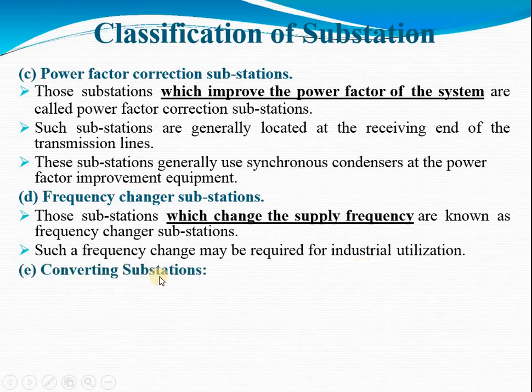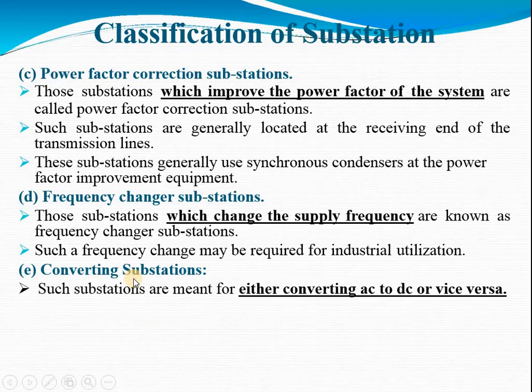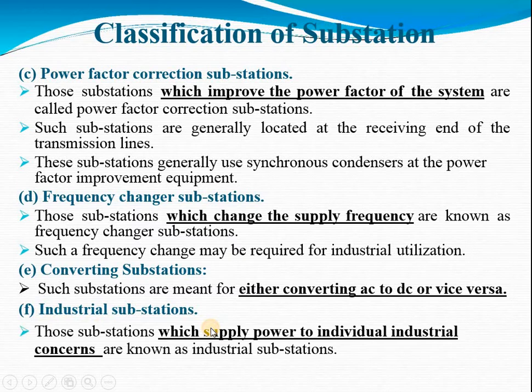The next subtype is the converting substation. We know that sometimes we require DC, so these play an important role. Such substations are meant for either converting AC to DC or vice versa, that is DC to AC. The next subtype is the industrial substation.